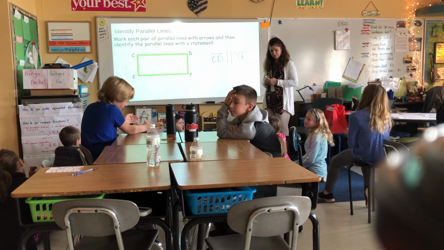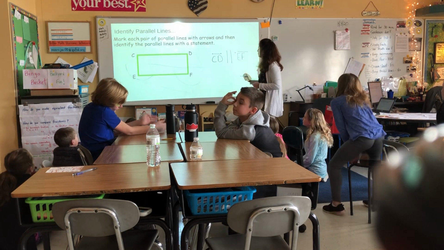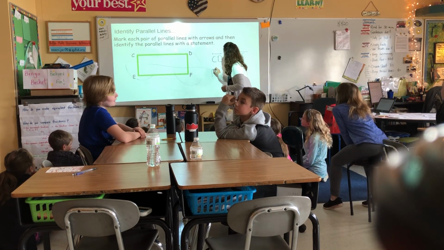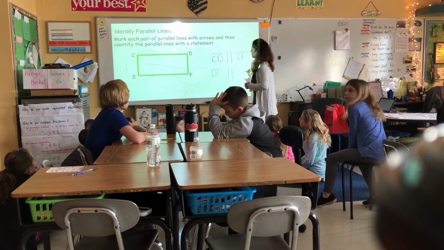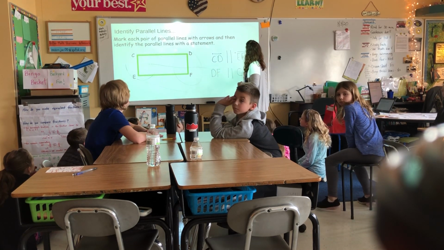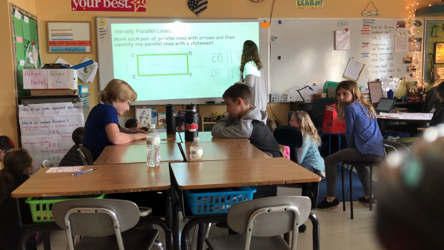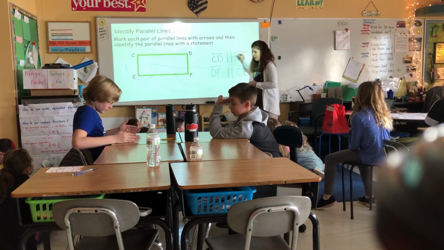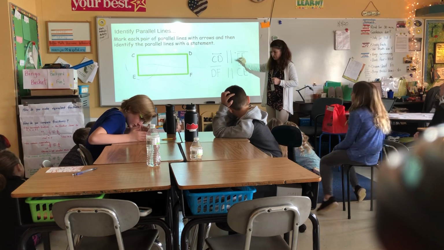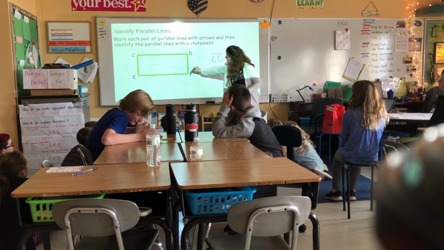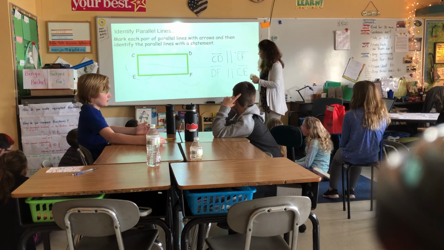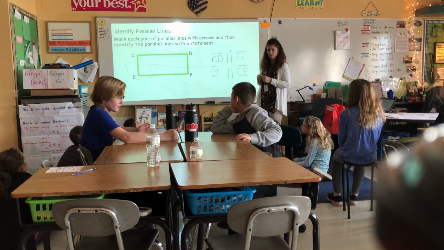Catherine? DF and CE. Absolutely. So DF could be parallel to CE. And the parallel line symbol. Does everyone see the two sets?